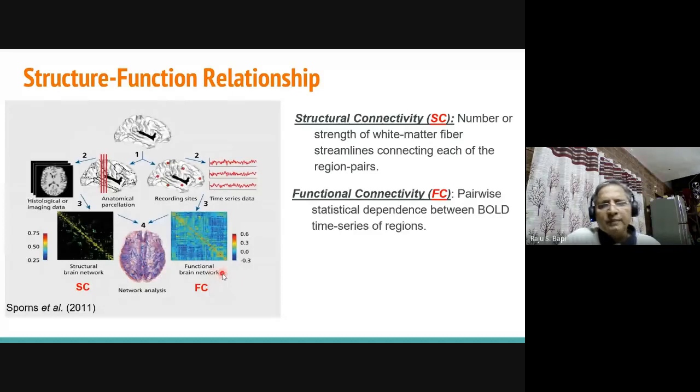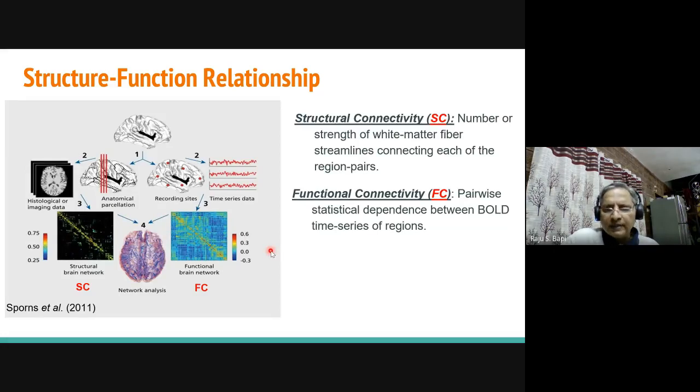Now, what has been observed empirically, studying these structural connectivity and functional connectivity, is that there is more functional connectivity than can be explained directly from the structure. So in other words, there are correlations that you observe for which there is no direct anatomical connection.